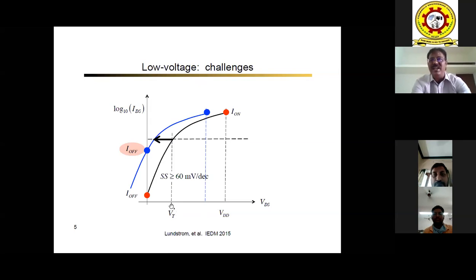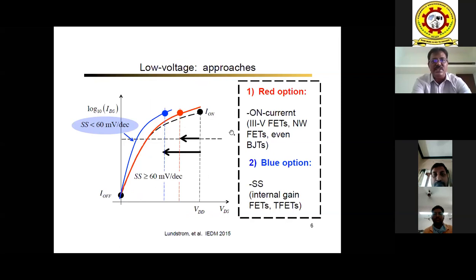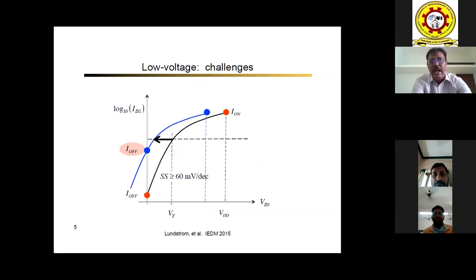That is what we call the sub-threshold region. If you observe closely, the device doesn't turn off all of a sudden from an on state. So this is where we talk about the on state, I on, and this is the off state, the two extreme ends of your curve.